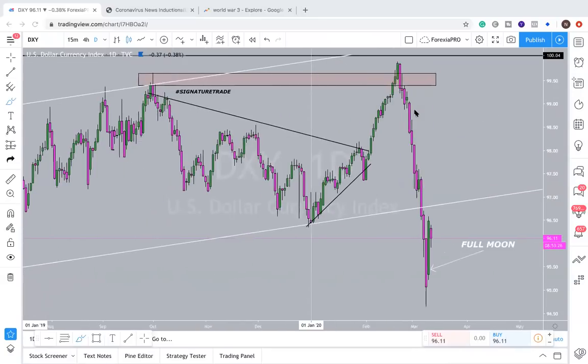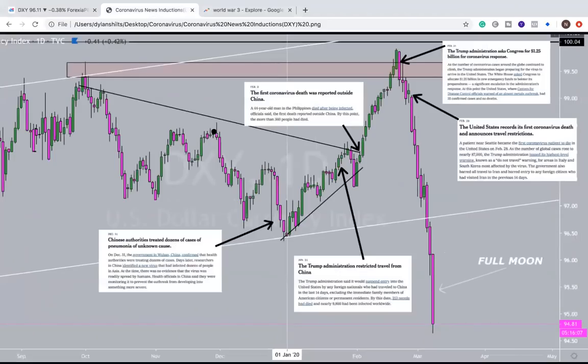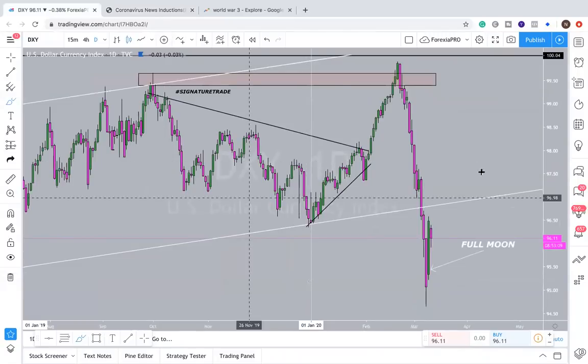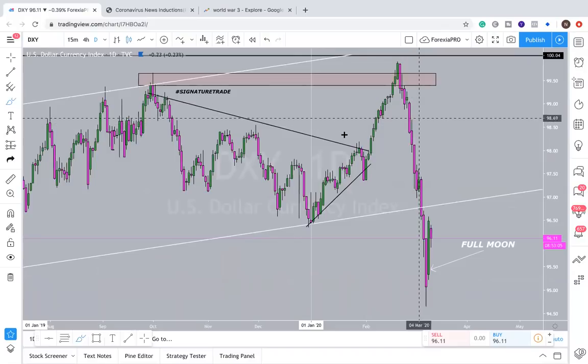What a coincidence that the first case of the supposed coronavirus, right, occurs December 31st. Now, right here, we can see this massive signature trade wedge, right?